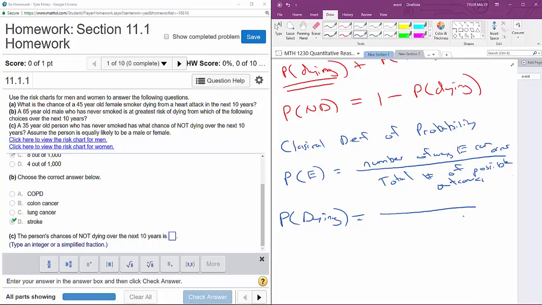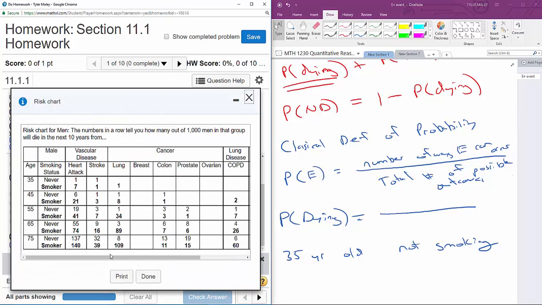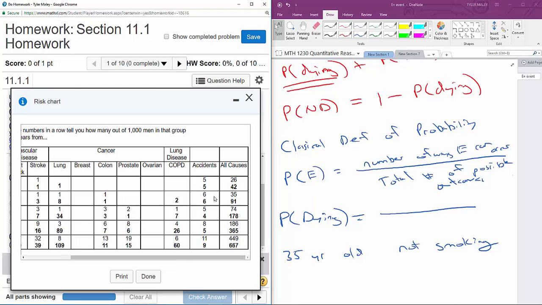This is for a 35-year-old not smoking, never smoked. If I go for men and look at 35-year-old never smoked, it's 26 out of 1,000. So for men, 26 out of 1,000 is the rate.